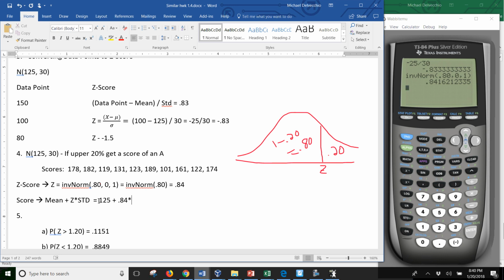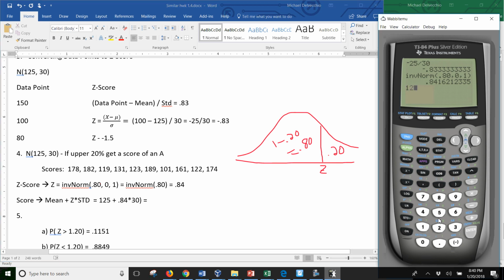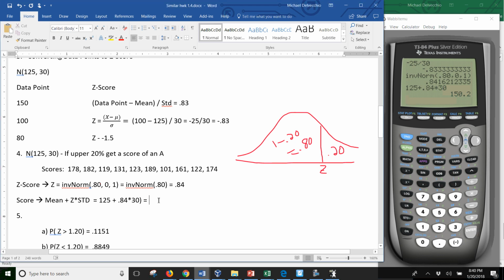Times the standard deviation, which in this case was 30. Okay, so if I compute it this way, I get 125 plus 0.84 times 30. Okay, so 150.2, round to the nearest whole number would be 150.